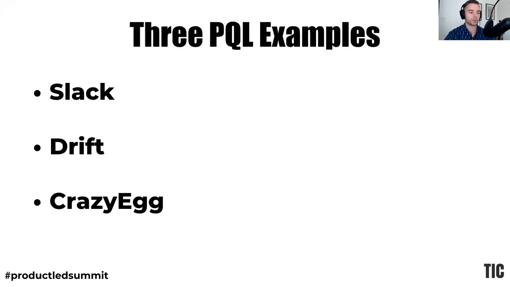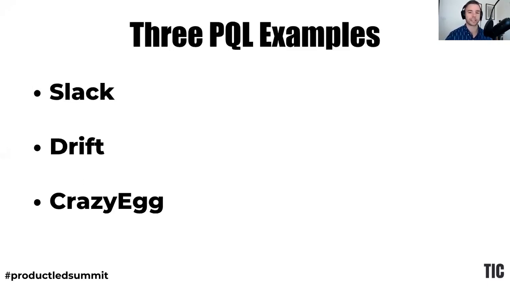When we're looking at Crazy Egg, another heat map solution that also does user recordings, for them it could be someone going in and seeing the user recordings of people actually using their free trial, seeing what they're doing, maybe what they're not doing, or where they are getting stuck on the sign-up experience.